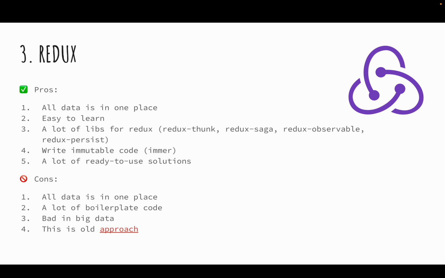And you can write immutable code using the Immer library, and with pure functions, and it's predictable. And the minus for this is that all data again is in one place, and it's bad to store all of the data in one big object from the performance perspective.